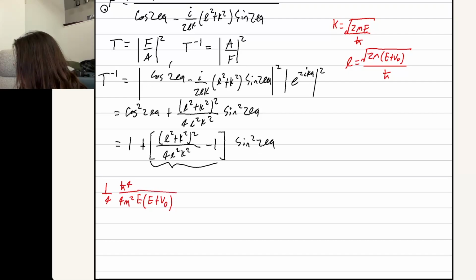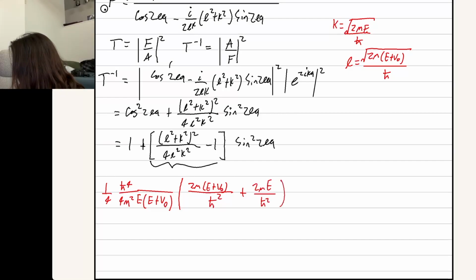Right. And then the l squared plus k squared stuff, we're going to have 2m(E plus V naught) over h bar squared plus just 2mE over h bar squared, all squared.